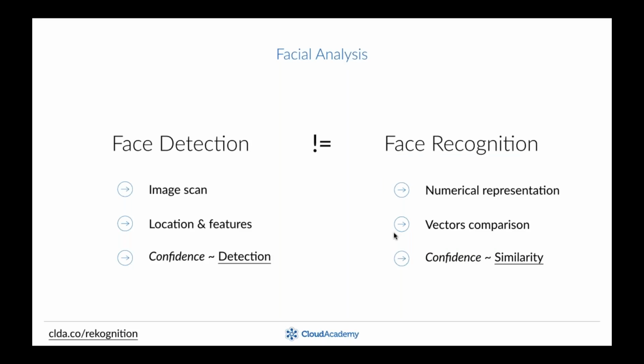What about facial analysis? Here I want to distinguish the difference between face detection and face recognition, because they are actually two independent features of Amazon Rekognition. So you can do face detection, meaning that you upload a picture and the system will scan the image and look for faces.